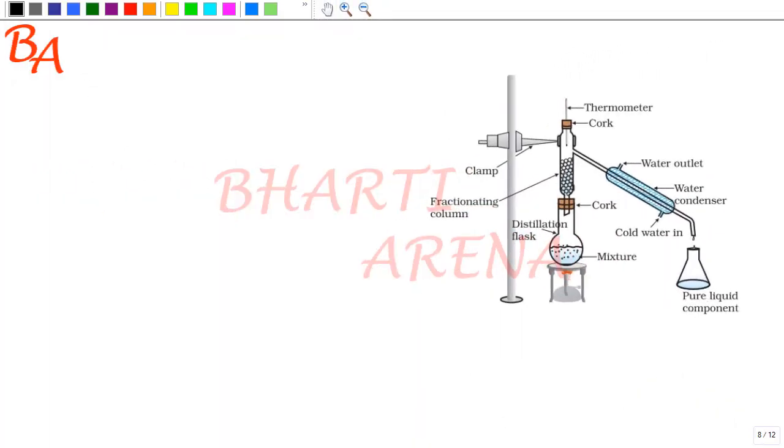Next is separation of components by fractional distillation.